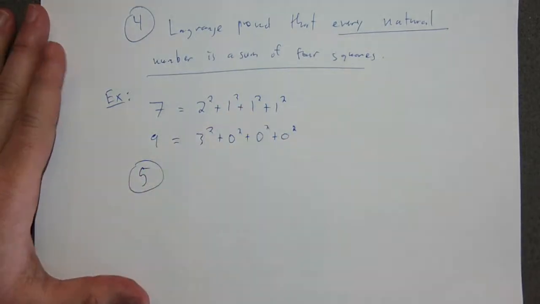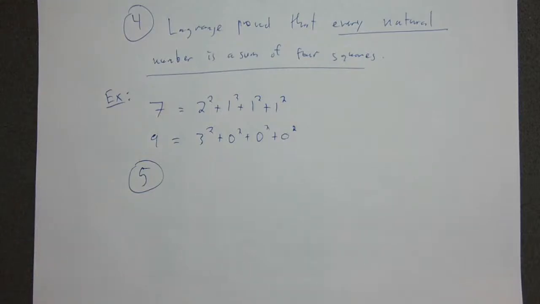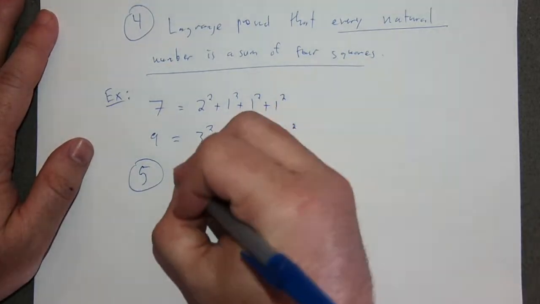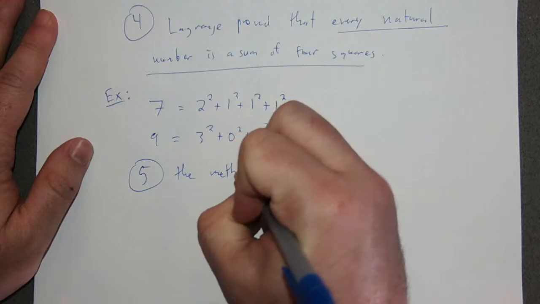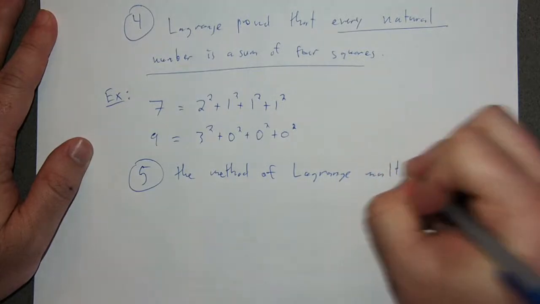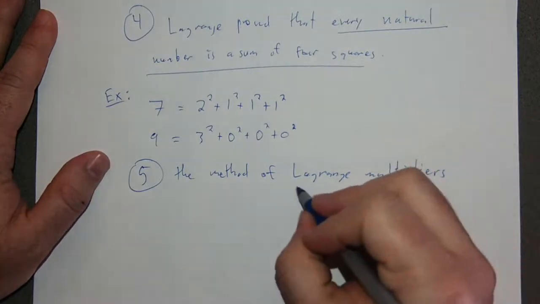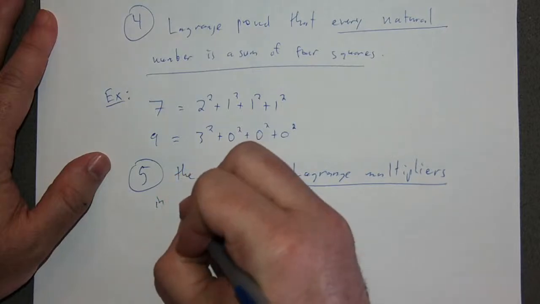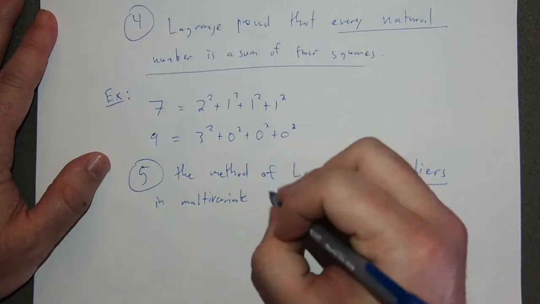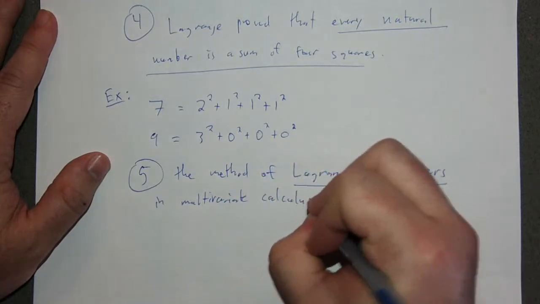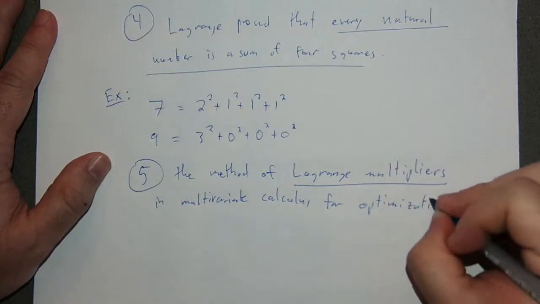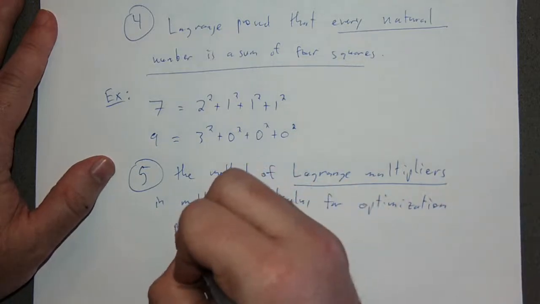Lagrange is probably the most famous among undergrad math students for discovering the method of Lagrange multipliers, the method in multivariate calculus for optimization problems. So these are specifically optimization problems with constraint.